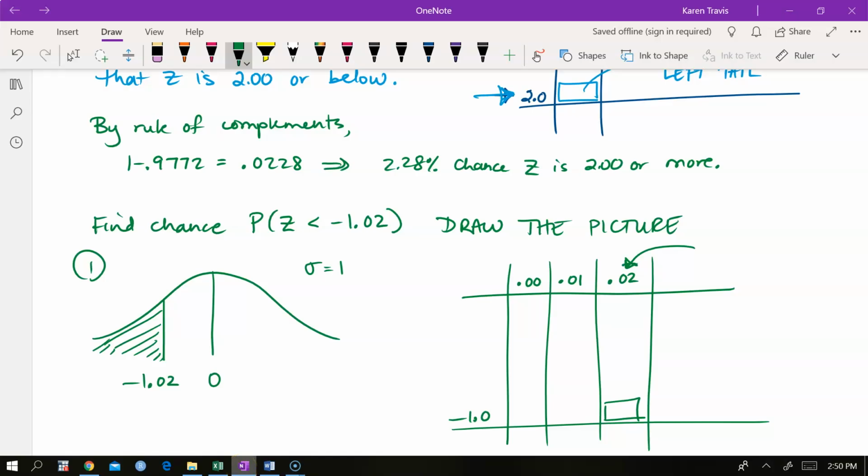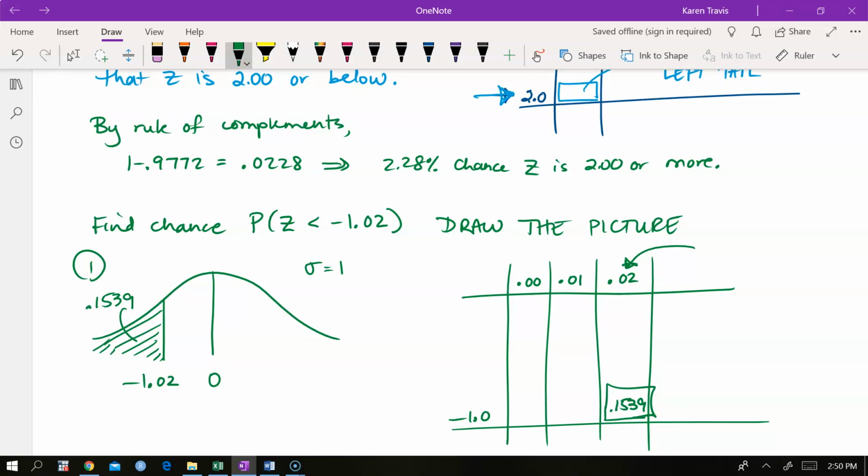Now when we look at your table and we go to 1.0 on the negative and we go to the 2 column, you should see 0.1539. Sorry, I'm going to redraw that. 0.1539. So this area is 15.39% of the total area.